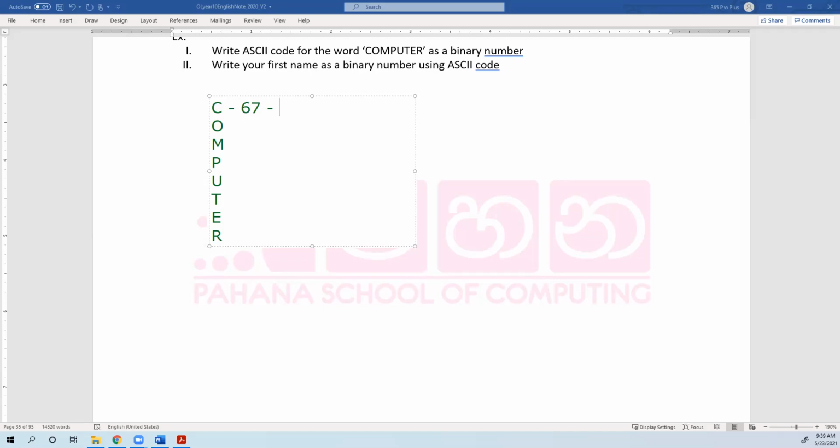Now represent 67 using 7 bits. To do that, you can think about the positional values.